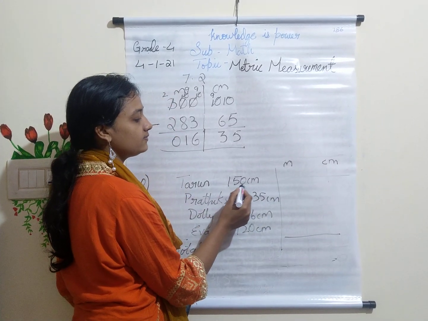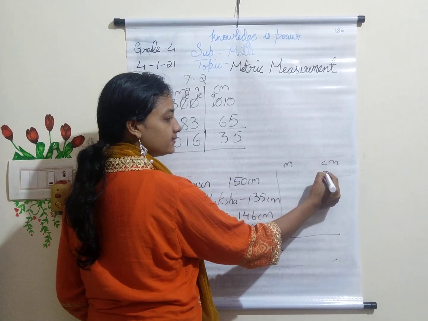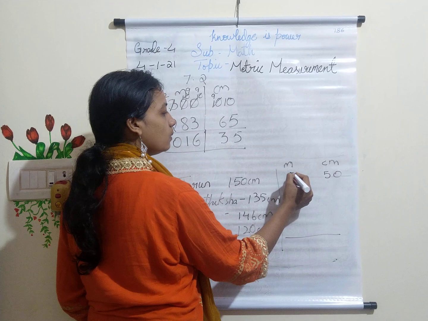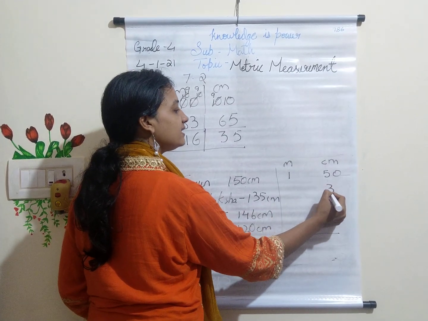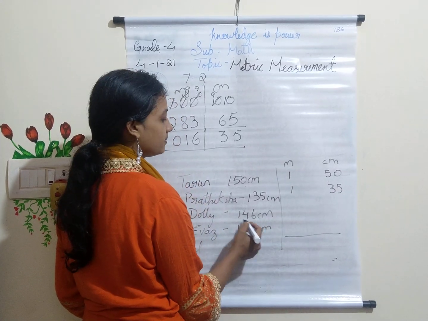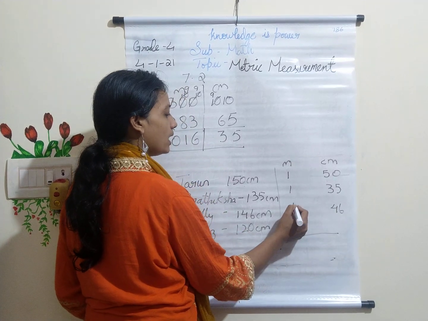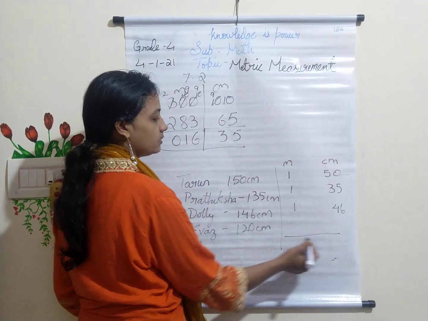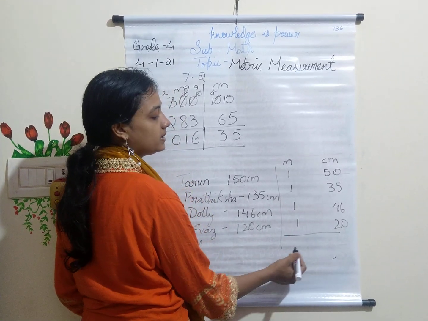So 150 centimeter will be, divided by 100, 1 meter 50 centimeter. The next one would be 1 meter 35 centimeter. Dolly will be 1 meter 46 centimeter. Avis will be 1 meter 20 centimeter.